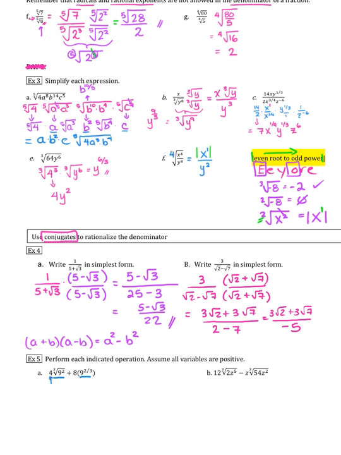So all I have to do is add the 4 and the 8, and then times the cubed root of 9 squared. Or, if you prefer, because I really don't care which form you write it in, you can also write it in this form. Last problem.